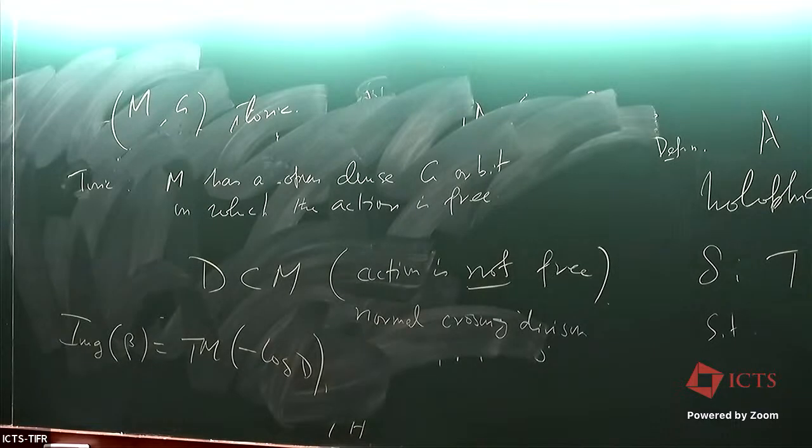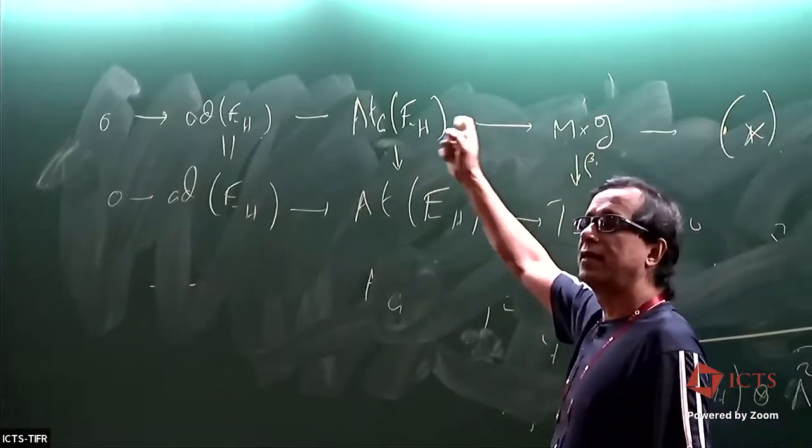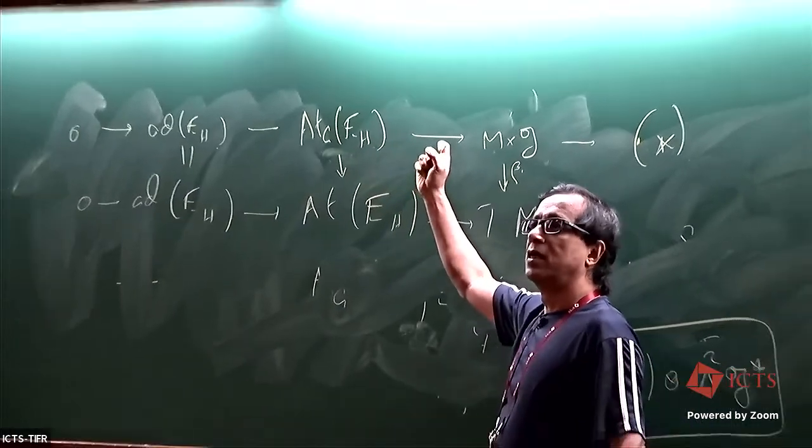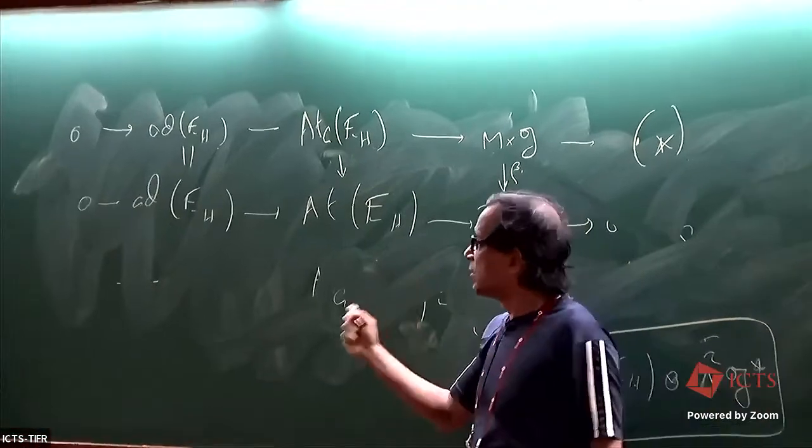If you compare with the construction of the Atiyah exact sequence, the logarithmic Atiyah exact sequence, and then we constructed this, this becomes the logarithmic tangent bundle. So this becomes the logarithmic Atiyah exact sequence. So a splitting is just a logarithmic connection, right?